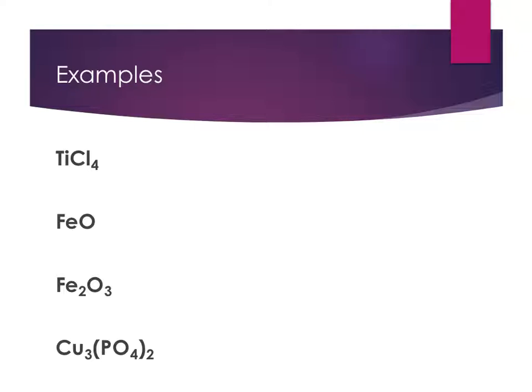So we can say that there are 4 chlorines times -1 for each equals -4. So that's the total charge of all the negatives in my compound here. Now we need to have an equal number of positive charges, so we need +4 on the other side.